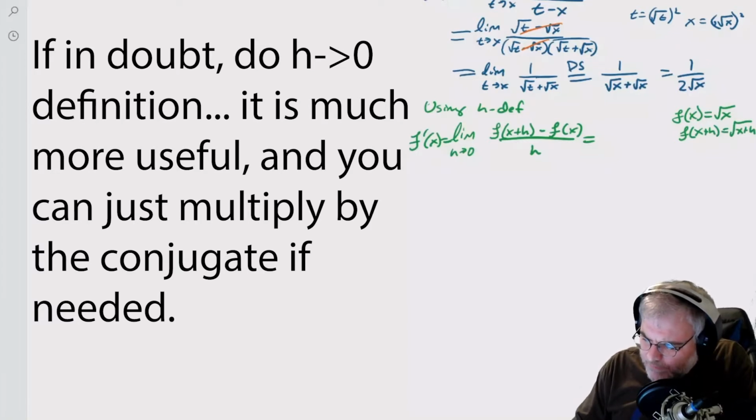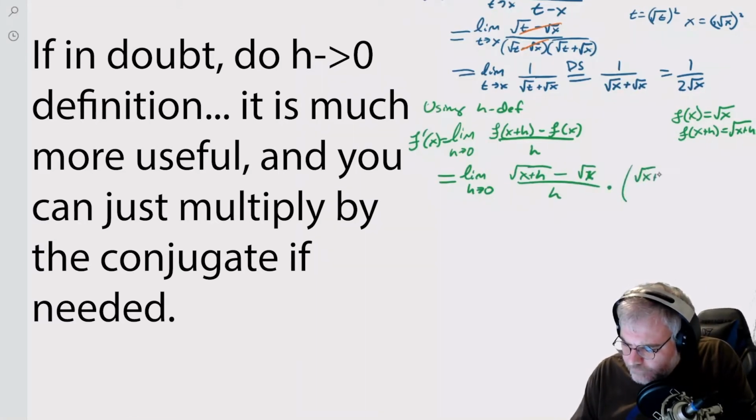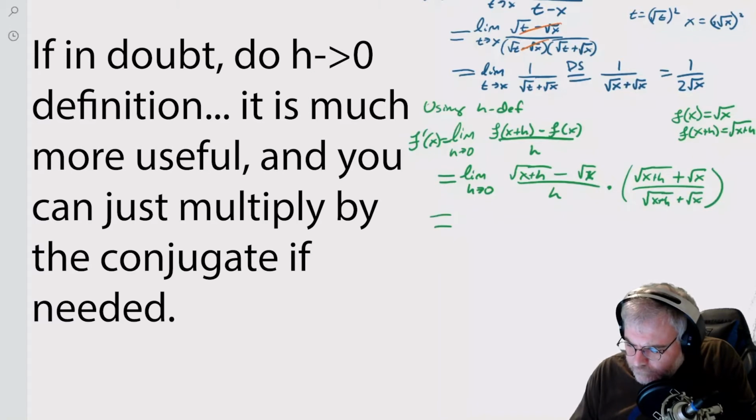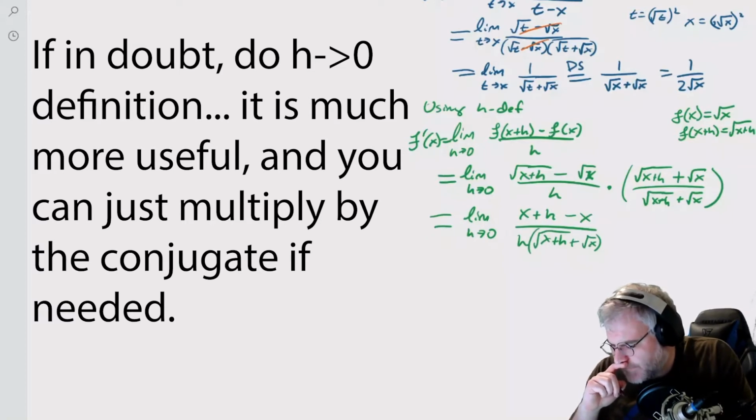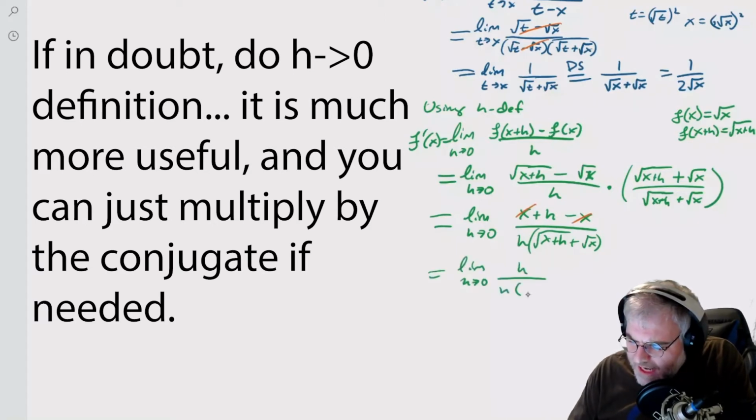And I'm going to wind up with the following. Okay, this is fine, and then the x's cancel. And when you multiply by the conjugate, don't multiply out the bottom. Just leave it.